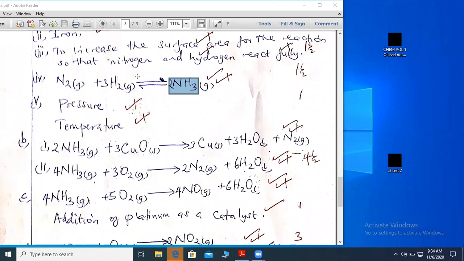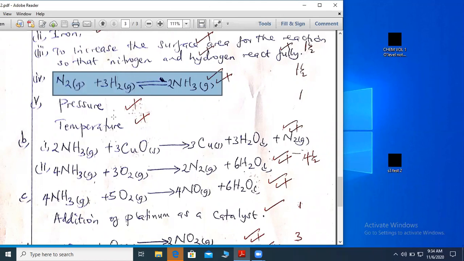Now, one condition we have already seen is the catalyst, and the catalyst is iron. They were asking you to give other conditions for this reaction to take place. The other condition is pressure, and the other condition is temperature.